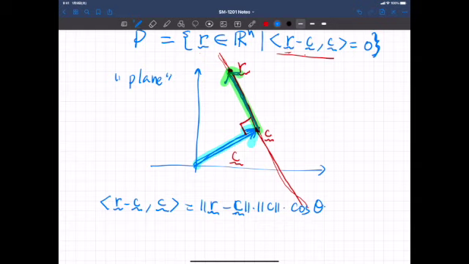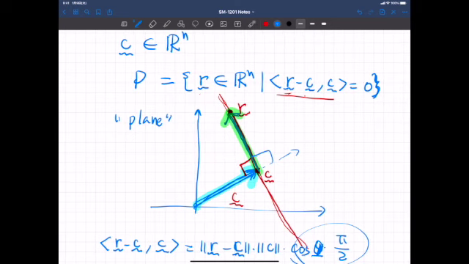So if C is this way, the angle is this. So it's a right angle. If this is perpendicular, then this angle is pi half, right? But cosine pi half is 0. So therefore this scalar product is 0. Okay, that's why this set represents this line.